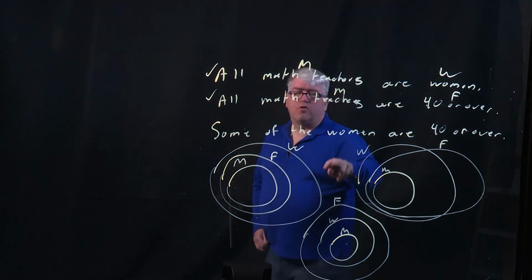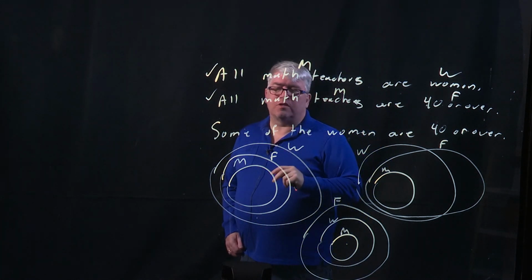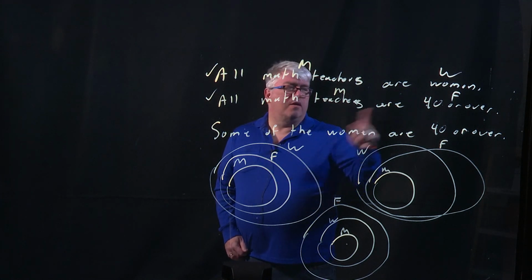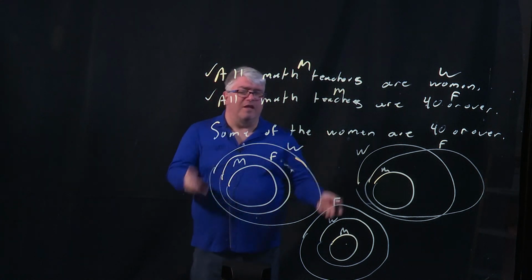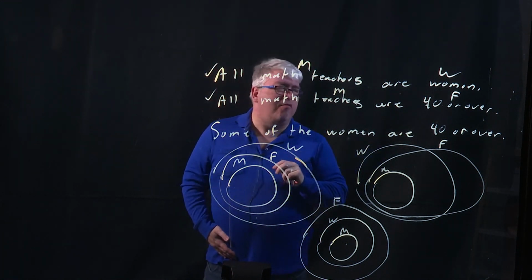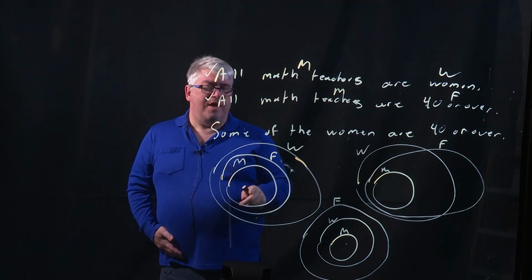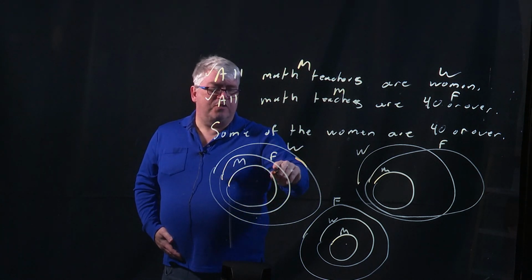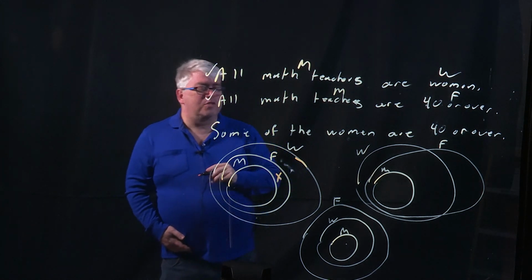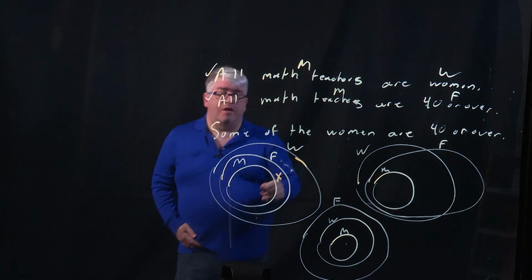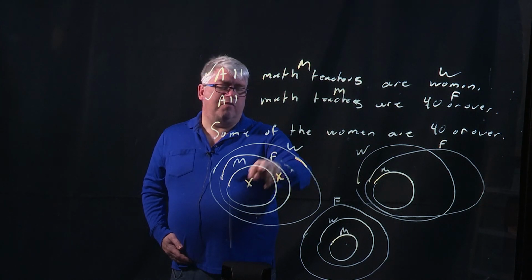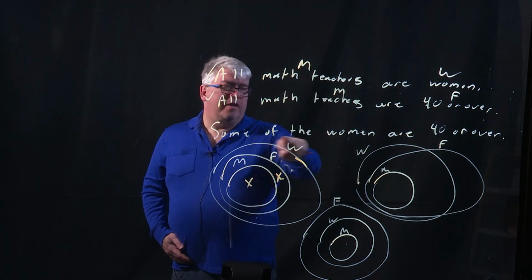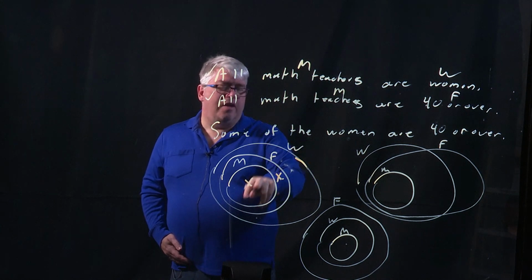Now, is the conclusion true in all of those? Is there a woman that is 40 or over? Is it true that in all these pictures, some of the women are 40 or over? Well, yes, because in this picture, a person sitting right there, or even a person sitting here, is going to be both a woman and 40 or over.